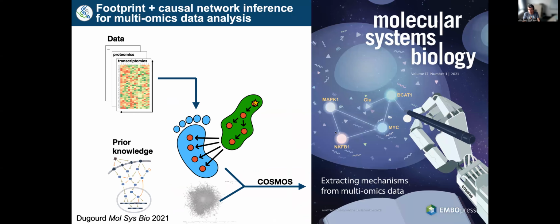And then how we can use this together with large networks to identify causal paths that connect them and develop mechanistic hypotheses about processes of interest, and that you can do this using different omics, phosphoproteomic, transcriptomic, metabolomic, and this is something we are also extending to other types of data as well.